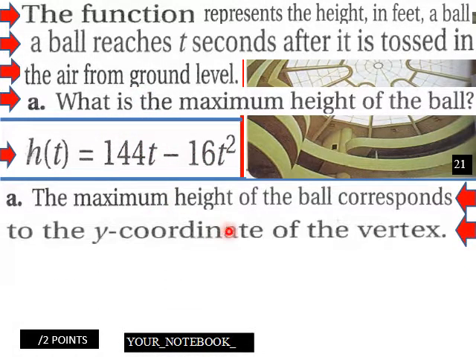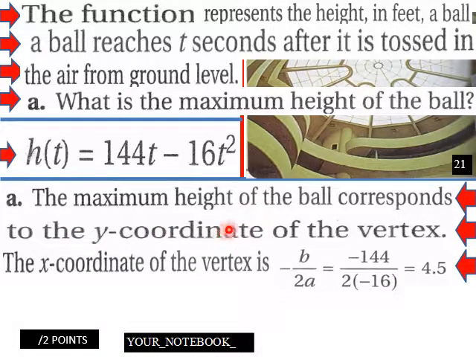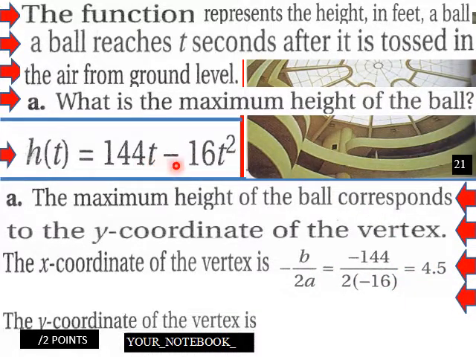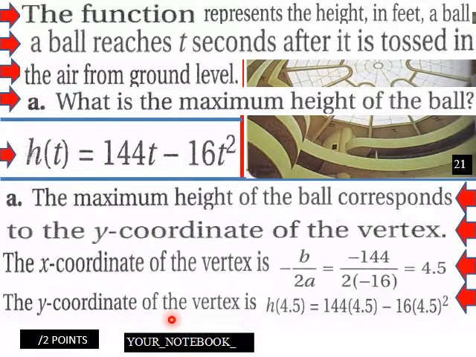So the maximum height of the ball corresponds to the y-coordinate of the vertex. So we need to find the y-coordinate of that. The x-coordinate, negative b over 2a, is 4.5. When we plug in our values here, the x-coordinate of the vertex would be 4.5. Now we plug that back into our original.